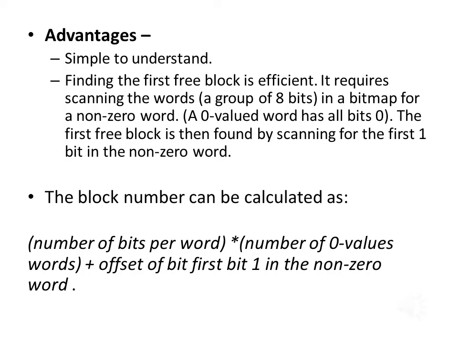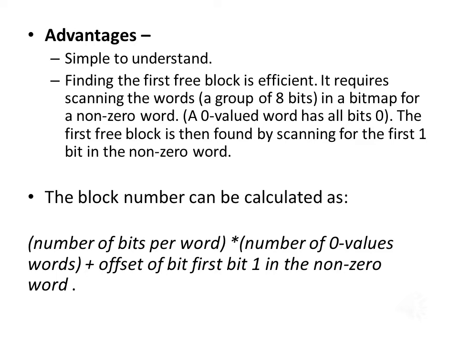These are the advantages of the bitmap or bit vector: it is simple to understand and finding the first free block is efficient. It requires scanning the words, a group of 8 bits in a bitmap, for a non-zero word. A zero-valued word has all bits 0, and the first free block is found by scanning for the first 1 bit in the non-zero word.